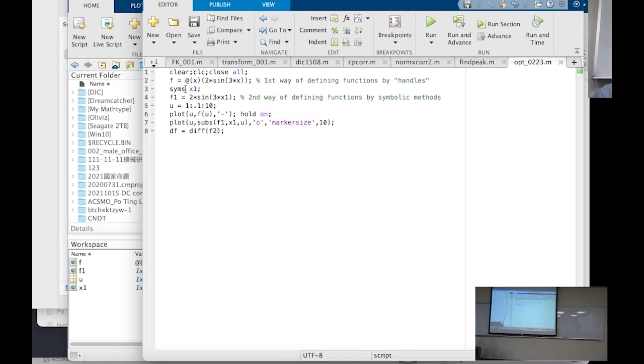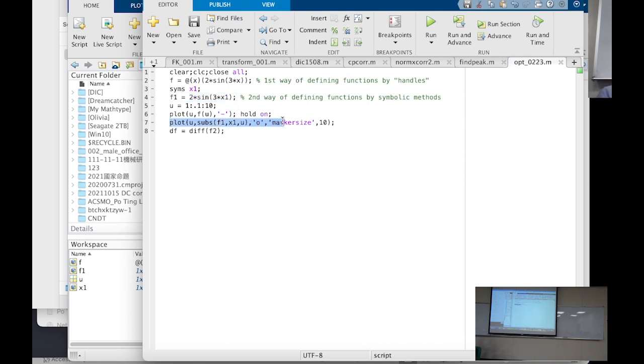What happened was I made a symbolic function. So first, syms is a way to define symbolic variables. So you can have a variable that doesn't require a value yet. It's a symbol. And then if you define f1 in this way, f1 becomes a symbolic variable. It doesn't need a specific value yet.